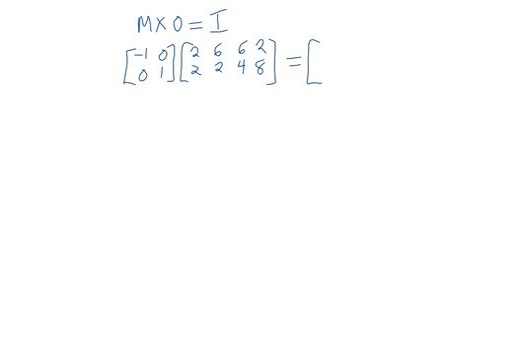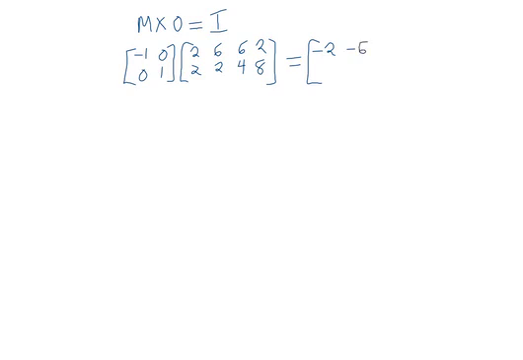The first row by the first column we have -1 multiplied by 2 plus 2 multiplied by 0 which gives us -2. First row, second column, we have -1 multiplied by 6 plus 2 multiplied by 0 which gives us -6.